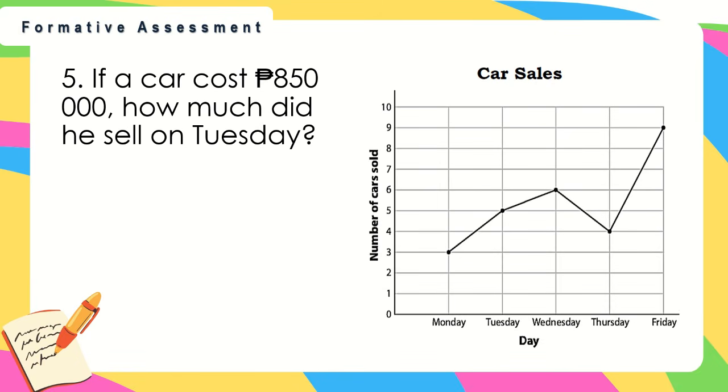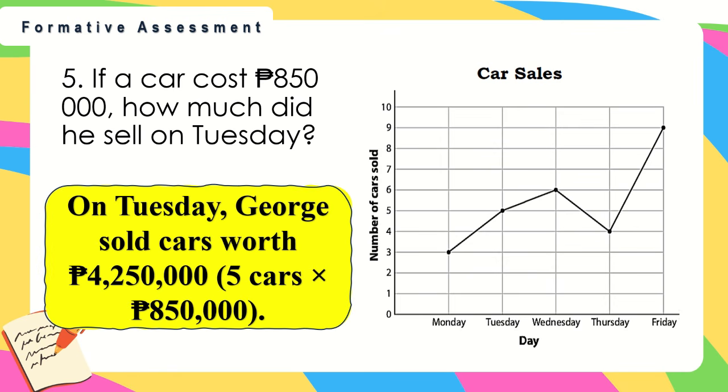If a car cost 850,000 pesos, how much did he sell on Tuesday? Very good. On Tuesday, George sold cars worth 4,250,000 pesos. 5 cars times 850,000 pesos.